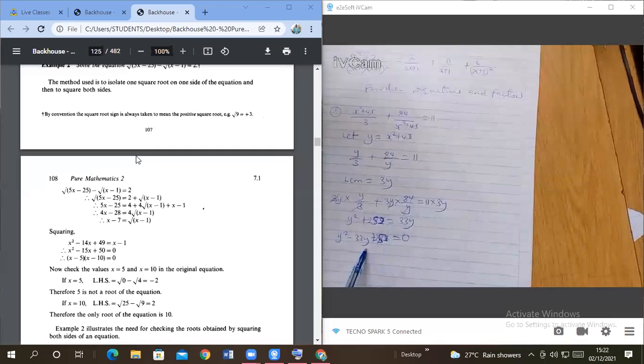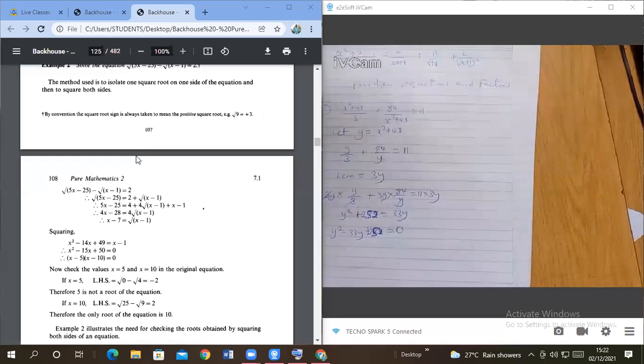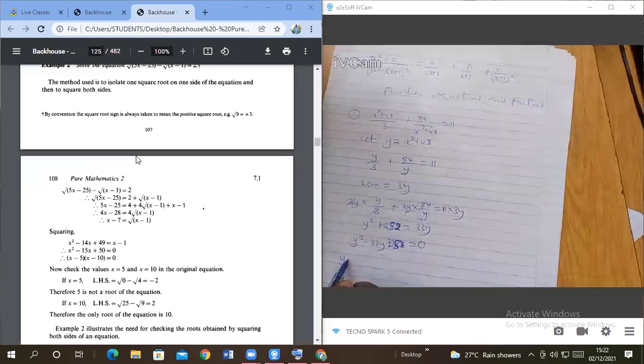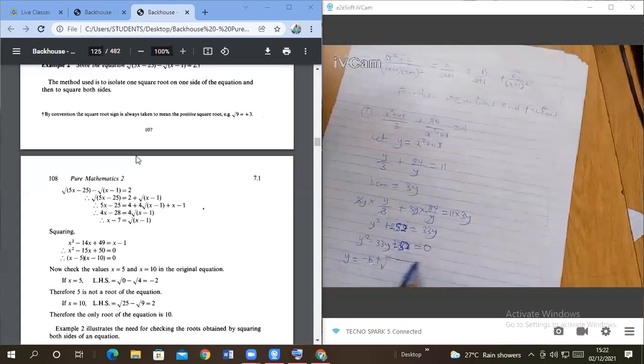Thank you, Sandra. So it is now a quadratic, which we can solve using any technique that we know. Let's do this quickly using the formula method. y is equal to negative b plus or minus the square root of b squared minus 4ac, over 2a.